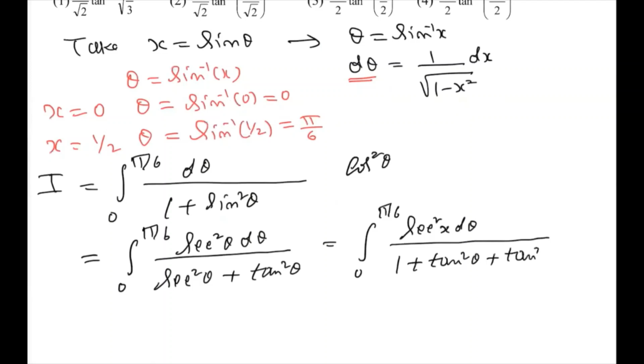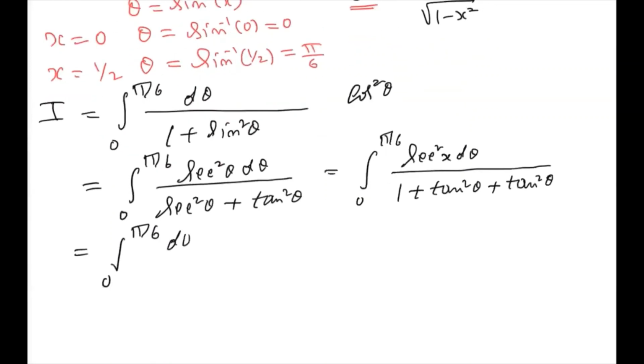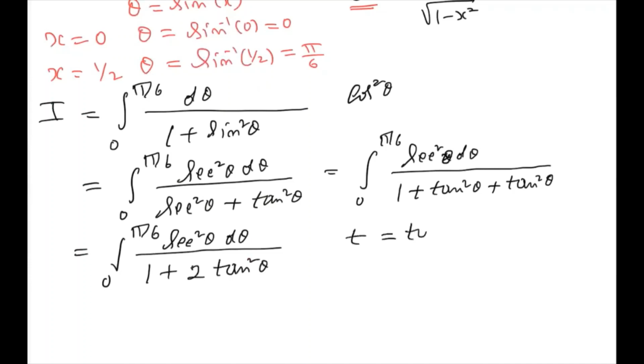And you already have one more tan square theta, so that becomes 0 to pi by 6 of secant square theta d theta upon 1 plus 2 tan square theta. If you take t as tan theta, dt will be secant square theta d theta.